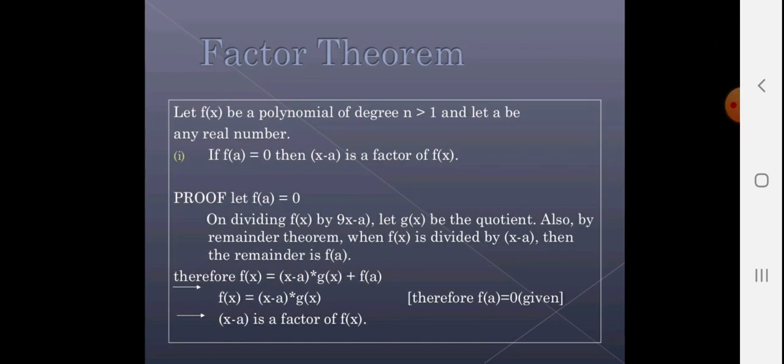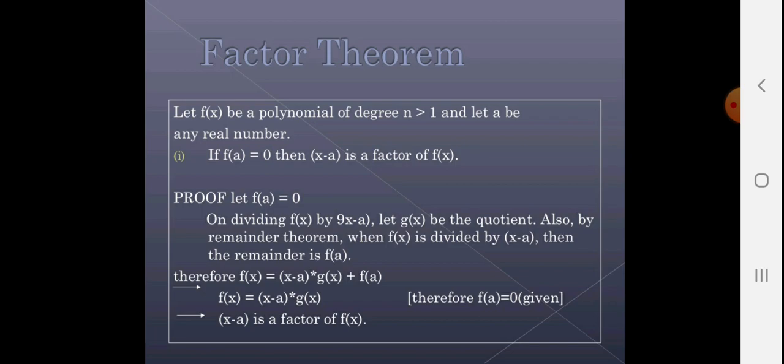Factor theorem. Let f of x be a polynomial of degree greater than or equal to 1 and let a be any real number. If f of a is equal to 0, then x minus a is one of the factors of f of x. Proof: if f of a is equal to 0, on dividing f of x by x minus a, let g of x be the quotient.